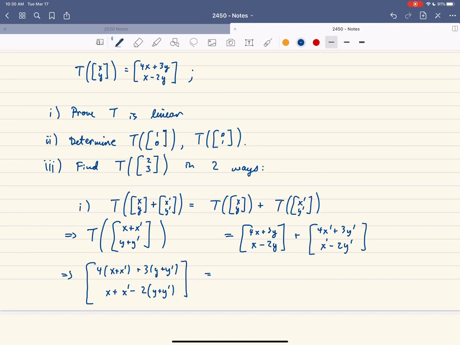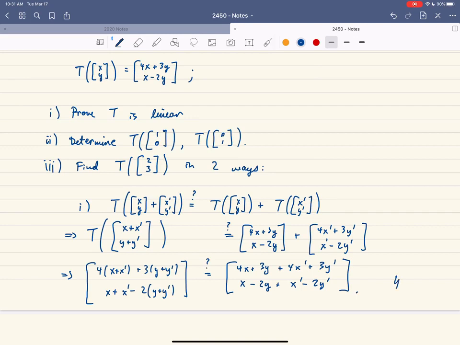And on the right, we have two vectors in R2 being added up. So this is going to be (4x plus 3y plus 4x' plus 3y', x minus 2y plus x' minus 2y'). Now we're going to look at what we really wanted to know, and I should have written this slightly better: are these equal?